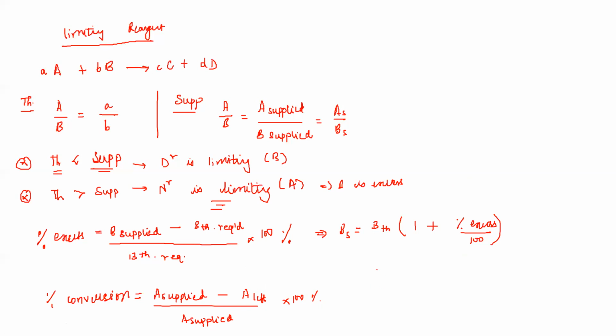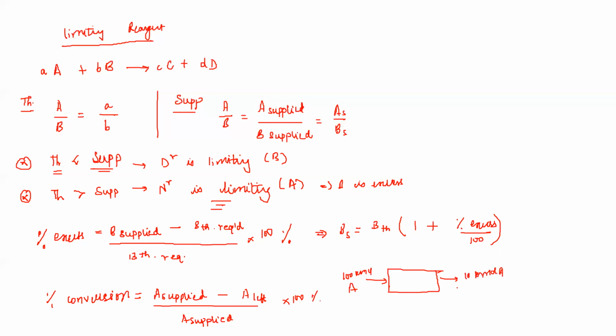In order to calculate percentage conversion, let's say this is my reactor, and I'm supplying 100 kilomoles of A, and from here I'm getting, let's say, 10 kilomoles.